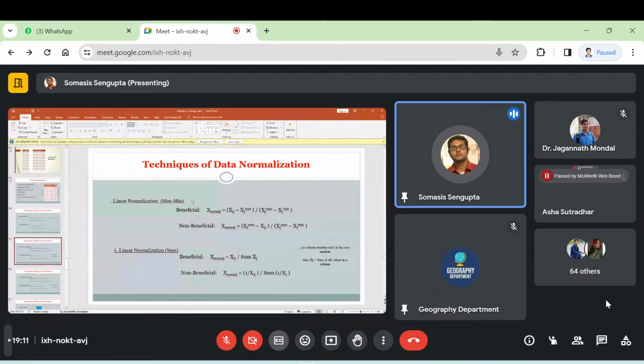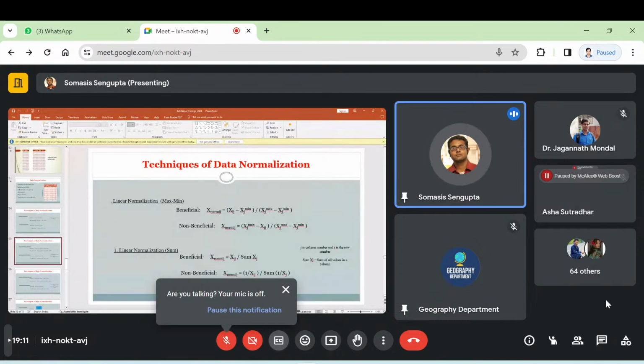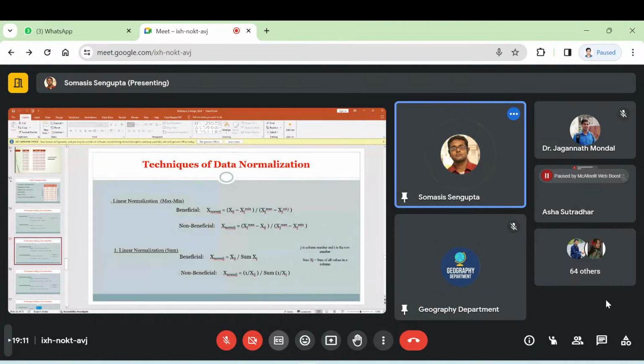Linear normalization max-min, I prefer this. For each parameter, I take the difference from the minimum, and then this is ratioed against the difference between maximum and minimum. So x minus x min divided by x max minus x min. This is for the beneficial parameters, and for the non-beneficial it is maximum minus value divided by maximum minus minimum.